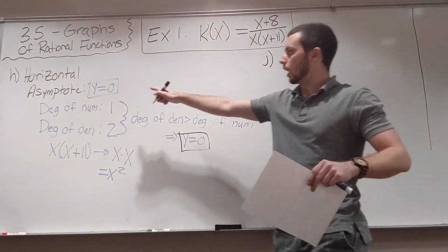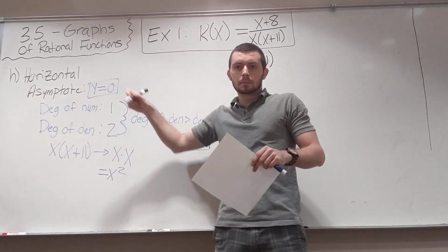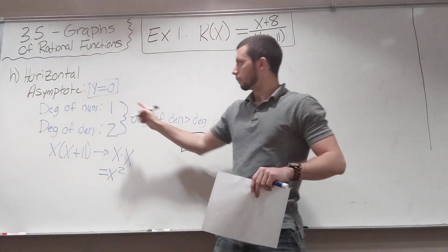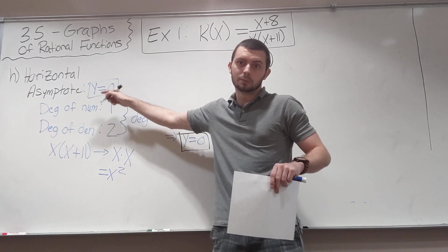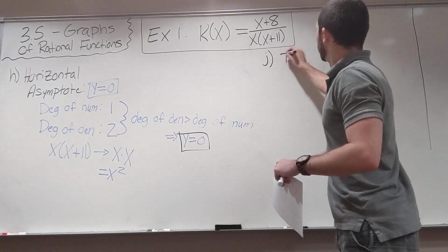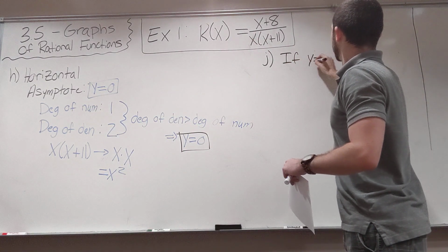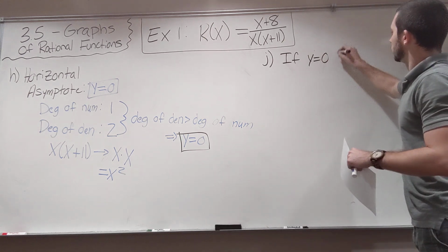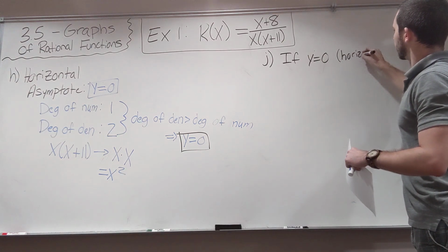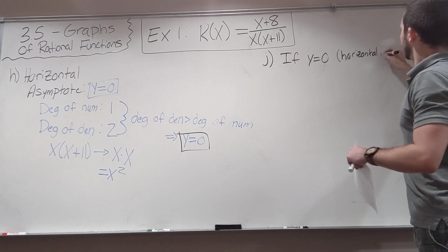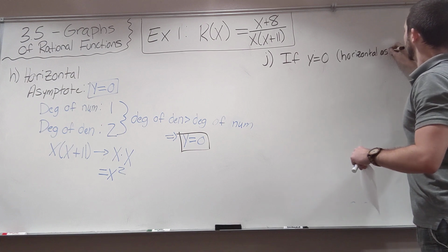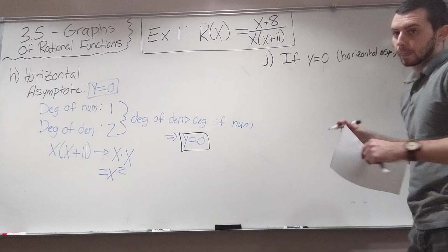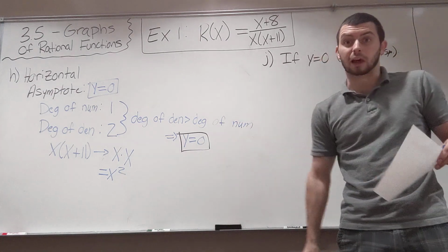So the horizontal asymptote we just found tells us, if y is equal to 0, the horizontal asymptote, what is x? That's all it's asking for.